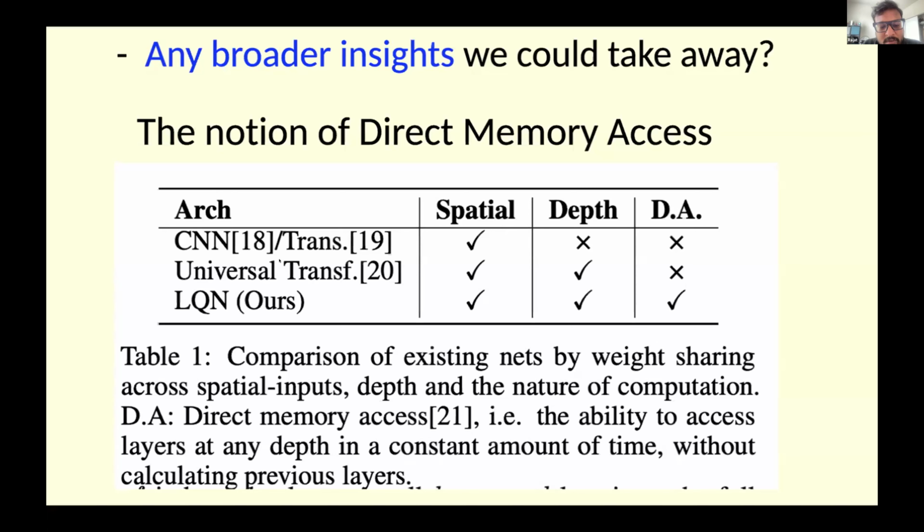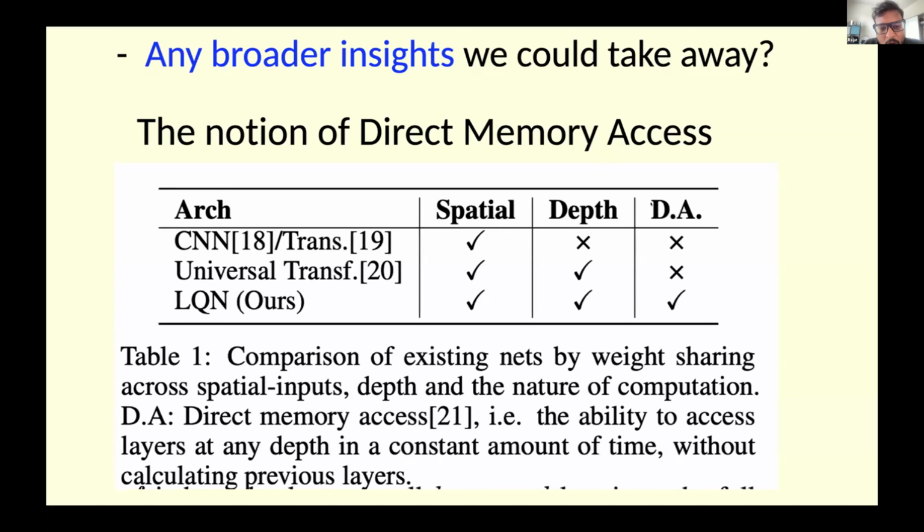Now let's come to universal transformers and RNNs. In RNNs, the same module is looking at the input and it's repeated across the depth. But the problem is that if you want to know what's at a depth of 10, you have to unroll your computation and repeat that module 10 times to get the answer, doing sequential processing. So I am inventing a new term called direct memory access.